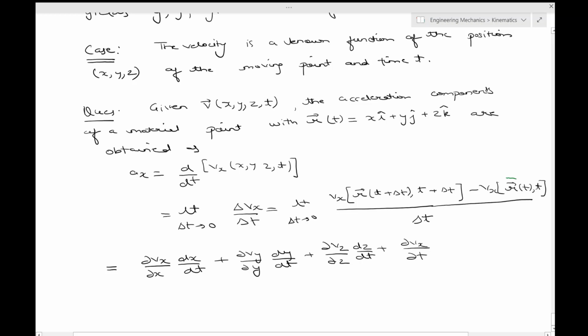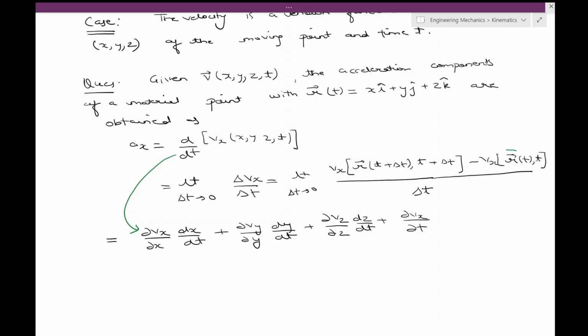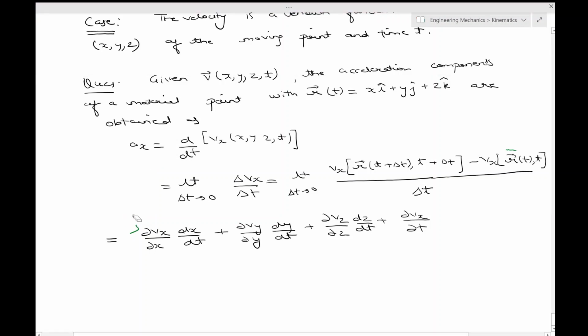So how has this been written? You have to just look over here, come from here to here. You want to differentiate this velocity with respect to time, and you can write this particular term. I can leave this out for you to play with. Verify this particular step, how it has come.